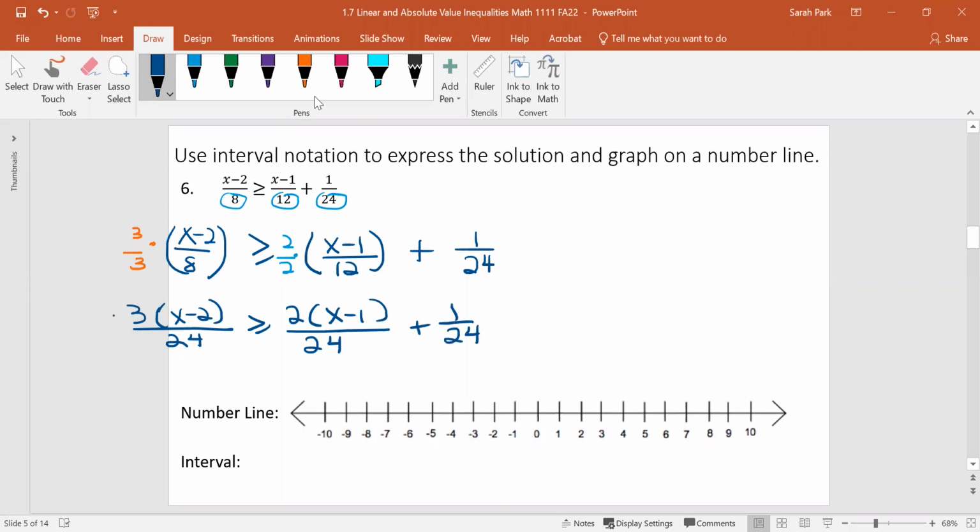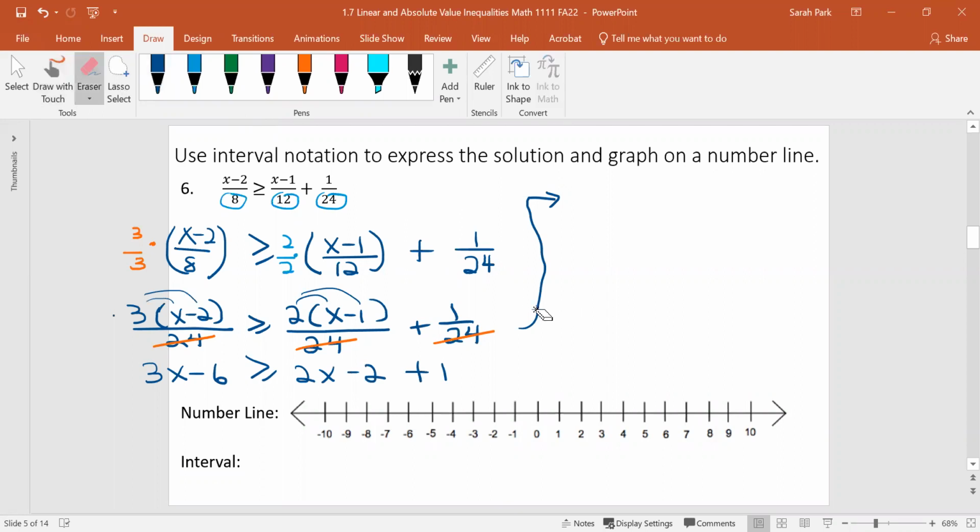Now we can cancel out all the denominators because they're all common, and then what we are left with is the numerators. So now let's multiply here: the 3 and the x minus 2, we're going to multiply, 3x minus 6 greater than or equal to, distribute the 2, 2x minus 2, and then we have plus 1.